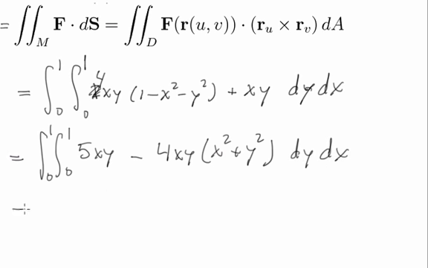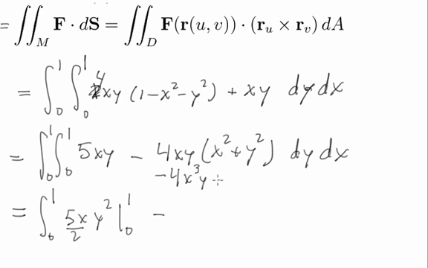All right. Okay, so now we'll integrate this with respect to y, and we get 5x times y squared over 2, evaluated 0 to 1, and then minus, and now we have this with respect to y, so I might rewrite this as minus 4x cubed y minus 4xy cubed.